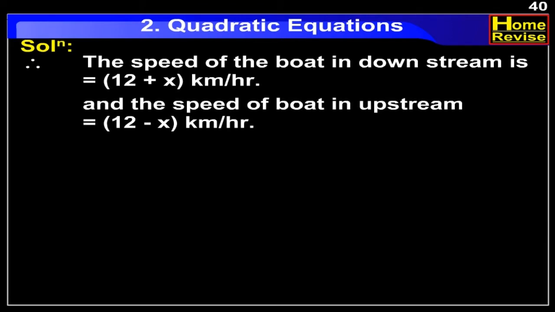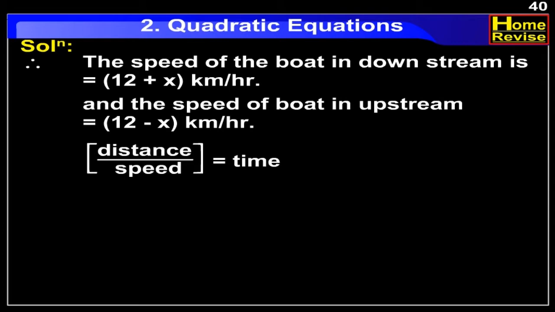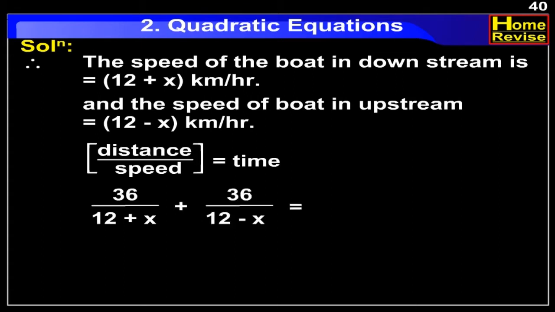Now, according to the given condition, using the formula distance upon speed is equal to time, we get 36 upon 12 plus x plus 36 upon 12 minus x is equal to 8.